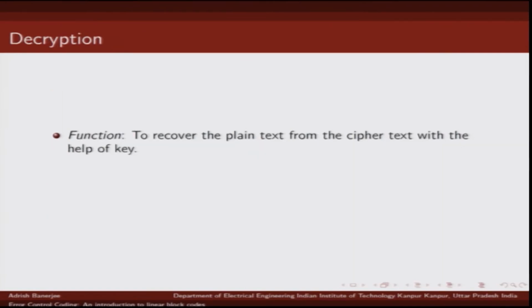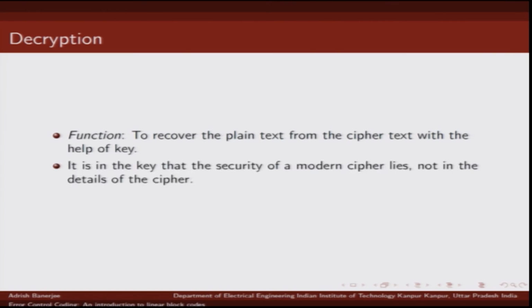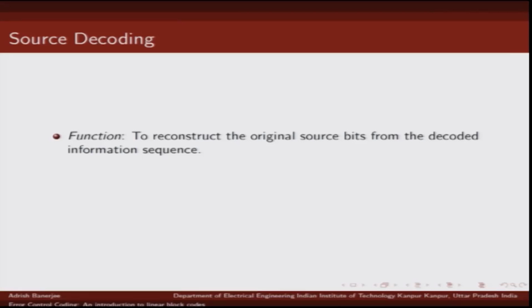After the channel decoder, we have the decryption block, and as I said, its objective is to recover the plain text from the cipher text, and essentially the security of the system lies in the key. And finally, we would like to get back our original source, because remember in the source encoder we did data compression, so we have been processing this compressed data.